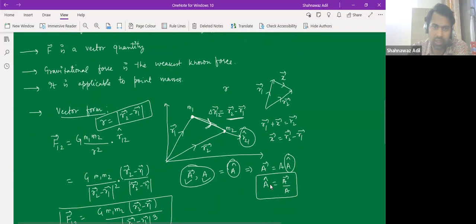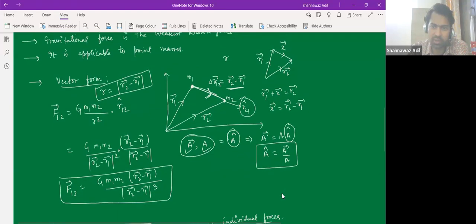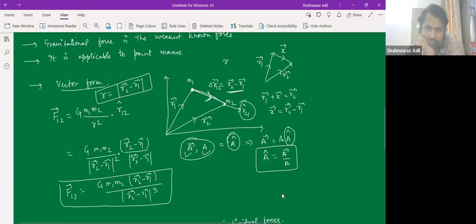Finished, sir. Then please note down this part. Remember that in vector form, this is F12, and this r12 is r2 minus r1. So we have to remember this one.